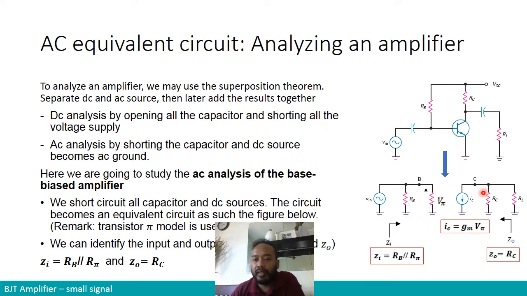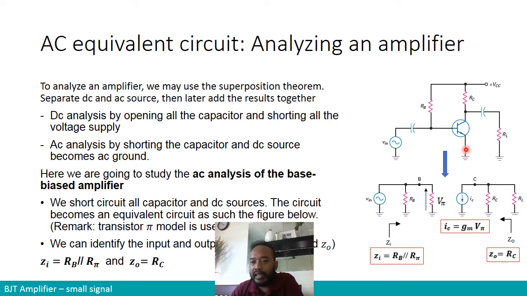So for example, over here, it's a pi model, right? What is the difference from the pi model that we have shown in the previous slide? It's just that just now, this branch and this branch were connected and both going to IE, the emitter current.